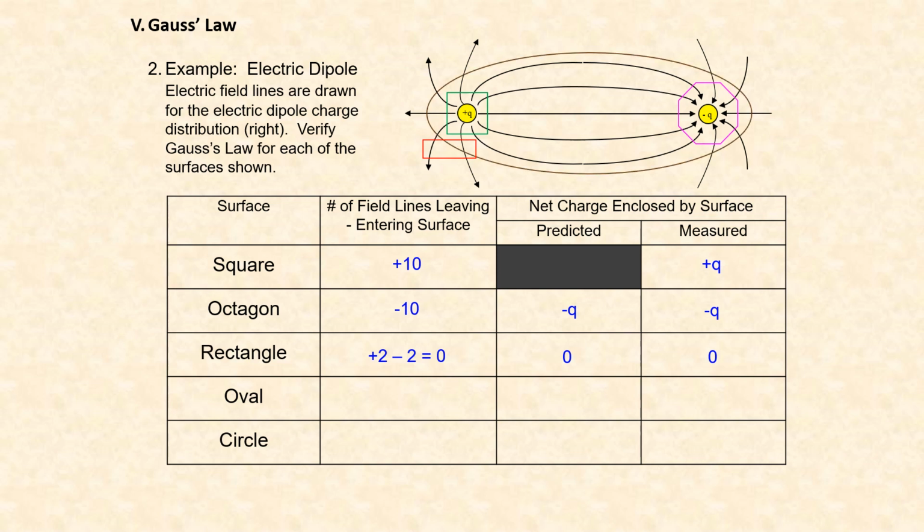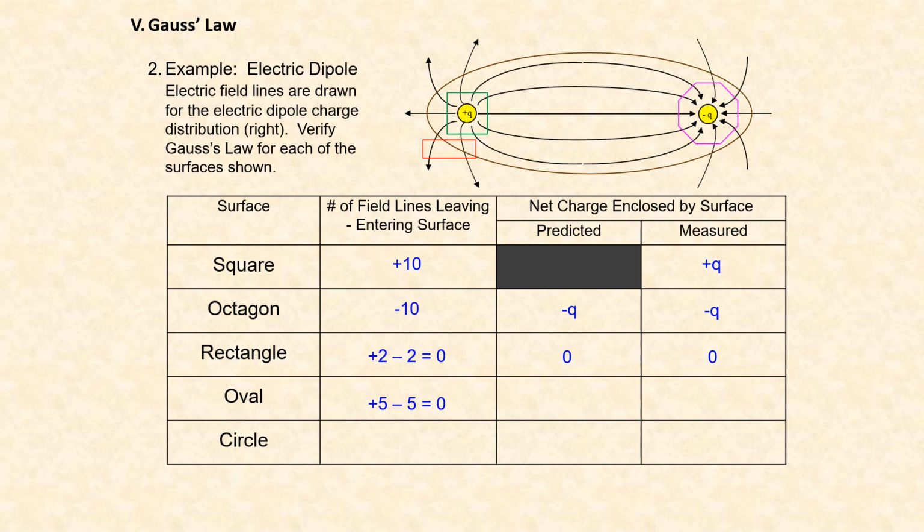For the black oval we see here, this oval circumscribes both of the charges, plus Q and minus Q. When we calculate the net flux, we see that 5 field lines leave that black oval and 5 field lines enter it, giving us a net flux of 0.